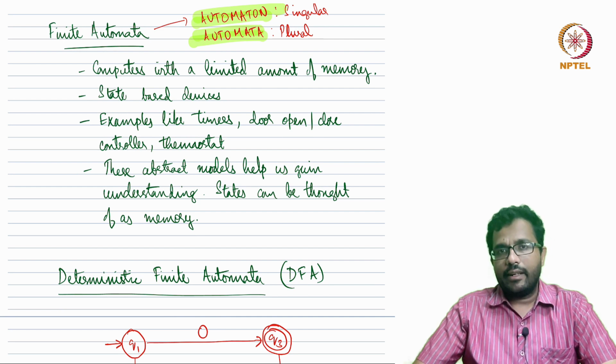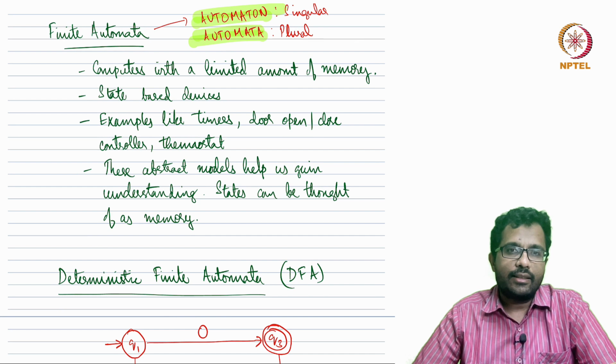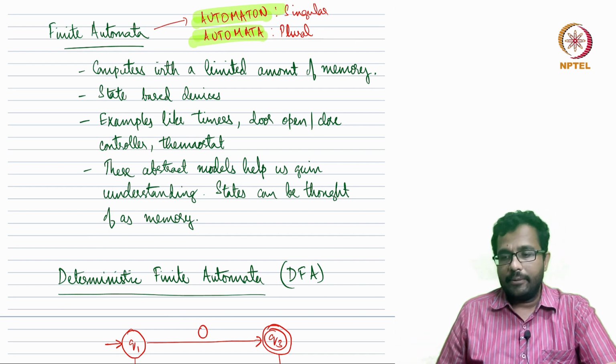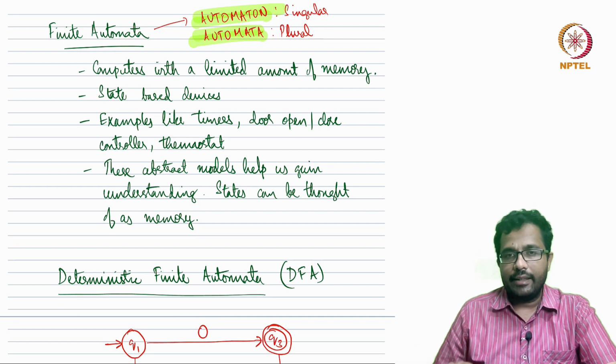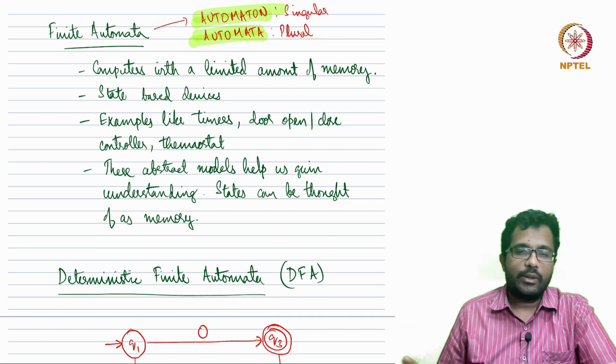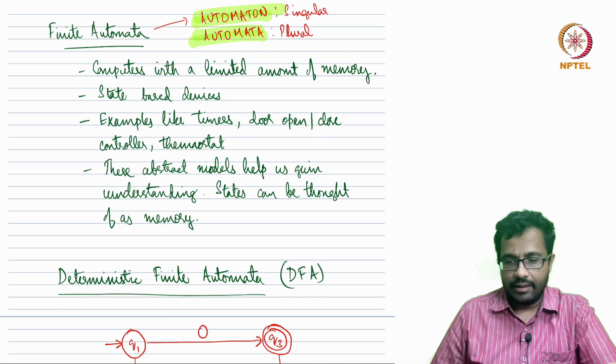As I said, in the finite automata, the states are the main way that the machine keeps track of where it is and what it is supposed to be doing. So in a sense, the states function as the memory. There is no extra memory apart from what is there in the states.